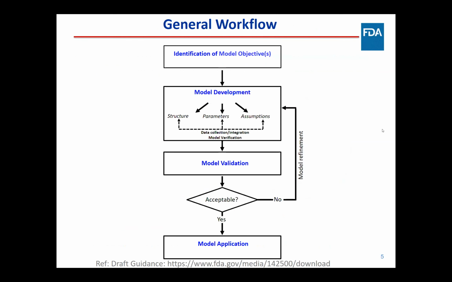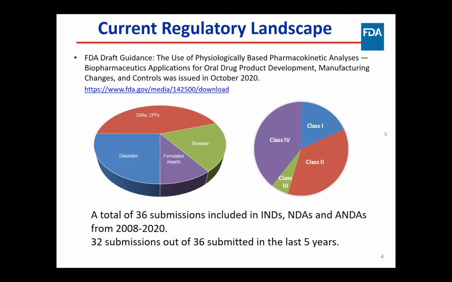There are two pie charts here showing the current regulatory landscape of these drug applications which contain PBPM data. On the left, of all applications, the purpose of the majority of the submissions was to set clinically relevant drug product specifications, such as CMAs, critical material attributes.